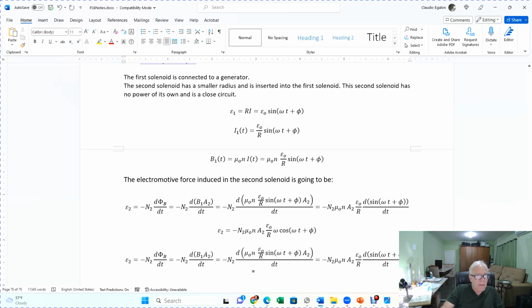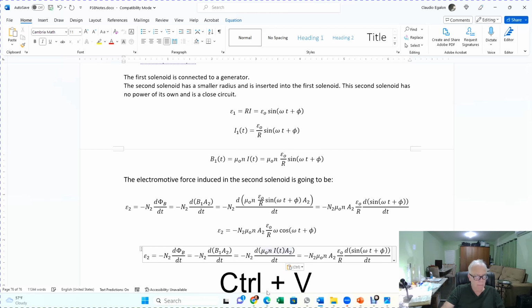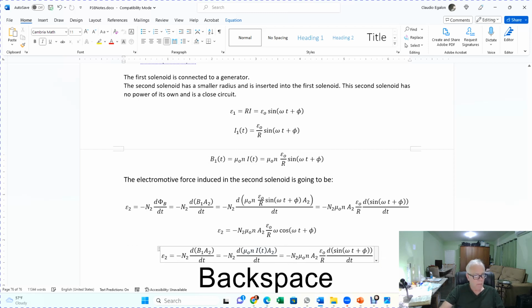What I did here, instead of writing all the stuff in the place of B1, I'm going to write just this one here. Like that, to make it simpler. And then you're going to see what an interesting result we're going to get.